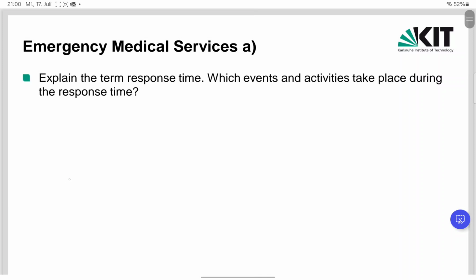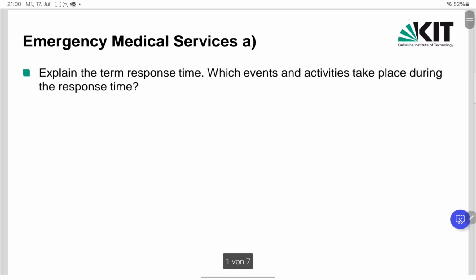So first of all, we have the call of the patient. This is the call. Okay, so this is the first event. Then on the phone, they are asking the patient or those who are calling about the symptoms of the patient, if the patient is conscious, if they can breathe, or some kind of symptoms like vomiting blood or something like this.